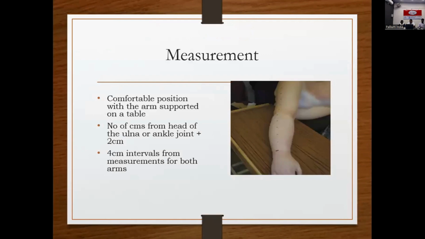So for what purpose do we take measurements? This is the measurement for lymphedema patients. We take the proper lymphedema measurement for the patient before and after the management. For any condition, for what purpose do we take the measurements?